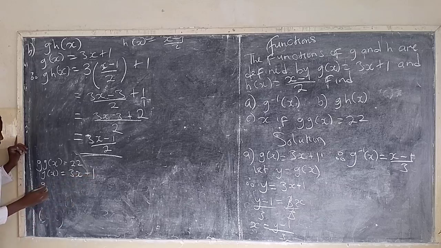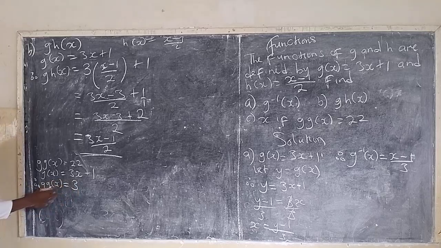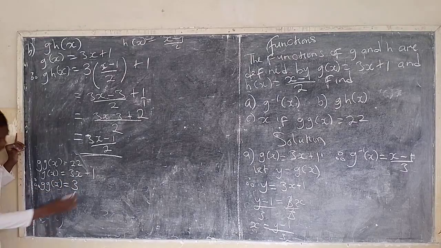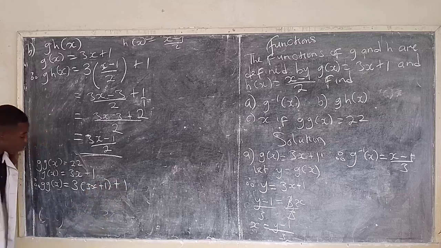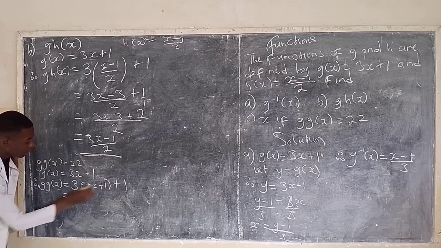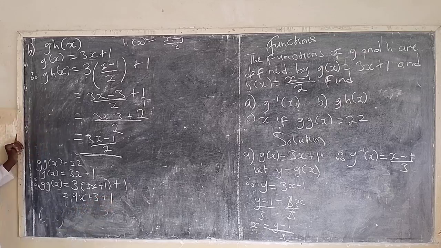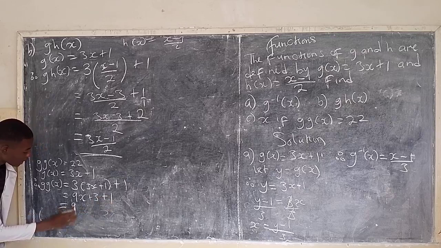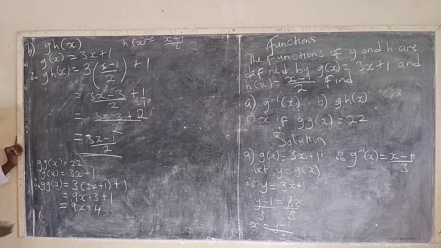Therefore, wherever there is x, we put the function g of x. So we have 3 times 3x plus 1, then plus 1. Then we multiply 3 by 3 and get 9x, 3 by 1 and get plus 3, then plus 1. After that, we have 9x plus 4.